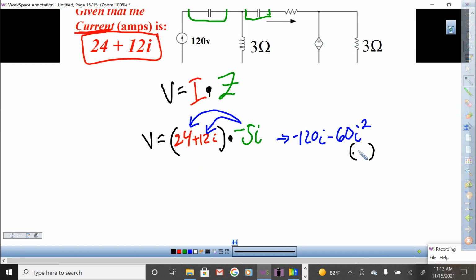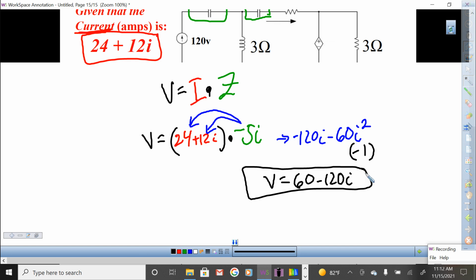No. Negative 60i squared. So what is negative 1 times negative 60? That's positive 60. Bring down the negative 120i. And this is the voltage going through the capacitor, yes? Are we doing yes? All right.